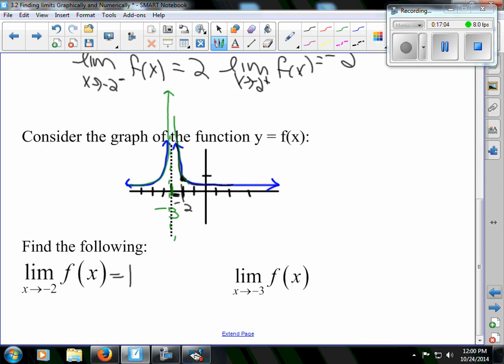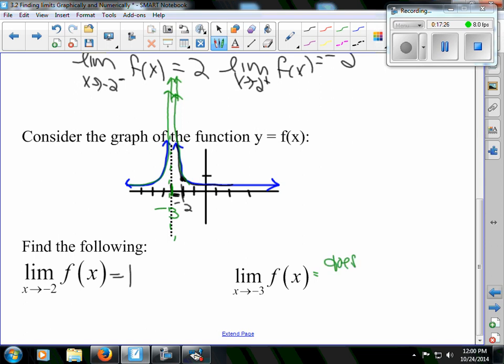From either side, as the x values approach negative 3, the y values just shoot up as high as they can go. The closer the x values get to negative 3, the higher the y values are. But there is, again, no one y value that they approach.